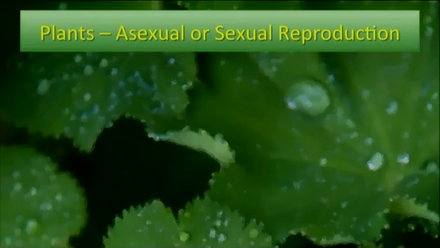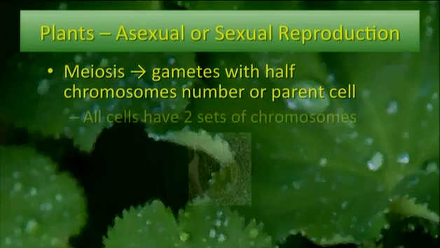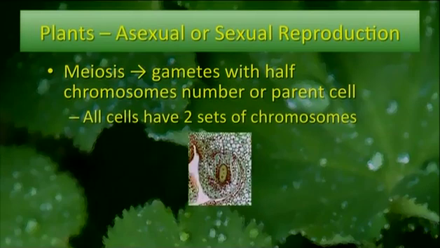Generally, meiosis results in gametes with half the chromosome number of the parent cell. Generally all cells have two sets of chromosomes, one set from mom, one set from dad.